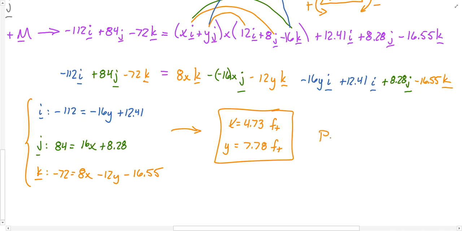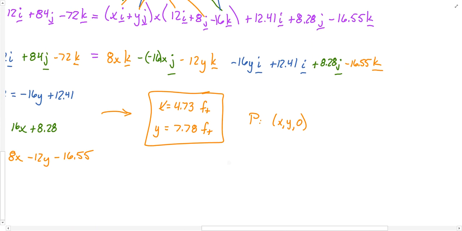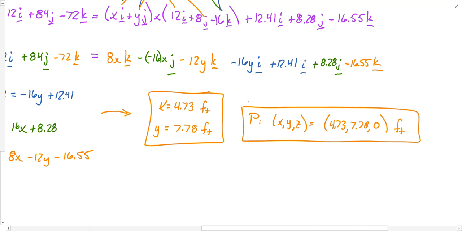So point P, having coordinates of x, comma, y, comma, z, would be equal to 4.73, 7.78, 0 feet. All right.